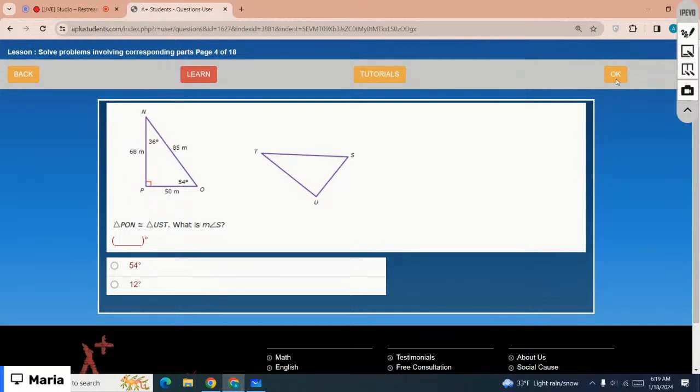Triangle PON is congruent to triangle UST. So the measurement of angle S equals... yes, the correct option is 54 degrees.